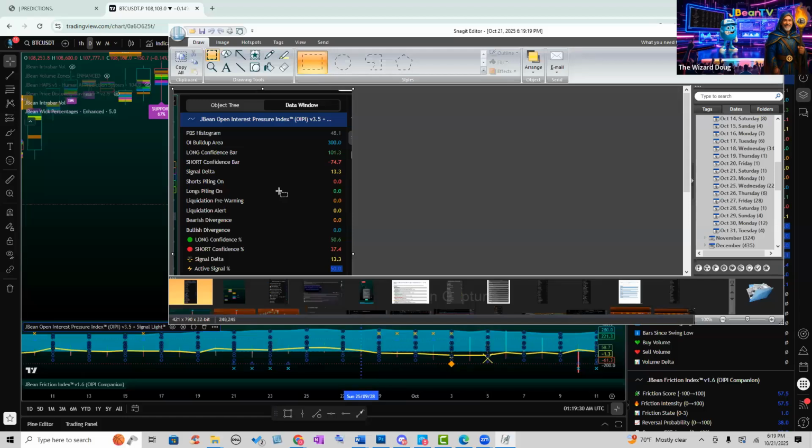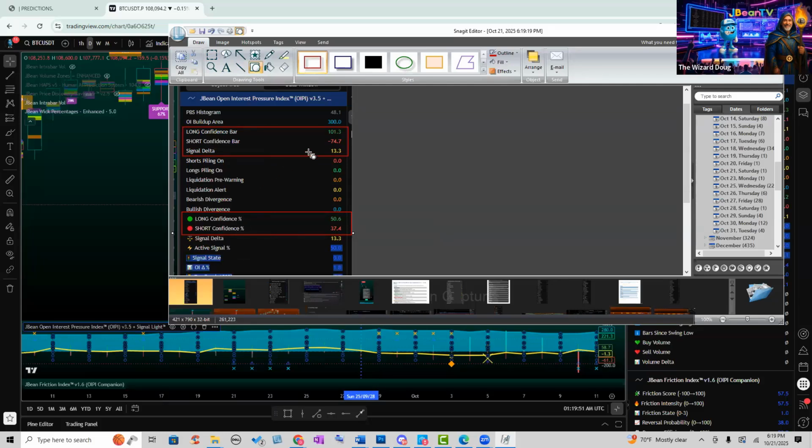When I look at this indicator, the first thing that I want to focus on is here, these three, okay? And here, these two, okay? Those are the ones that tell me that I have a long, okay?